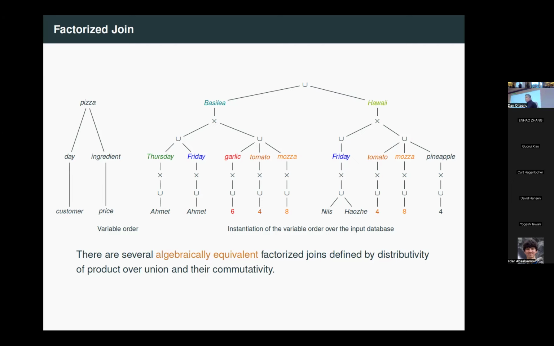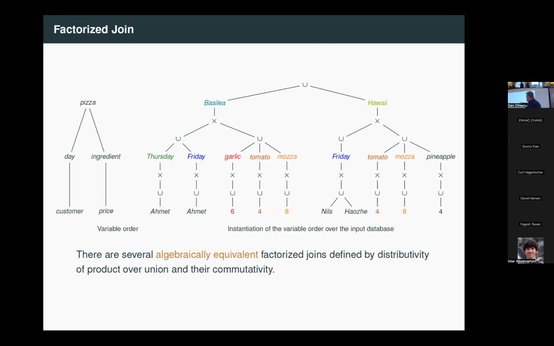And similarly, we'll see later that the price for an ingredient is the same regardless whether that ingredient is used in different pizzas. So this is basically the conditional independence that you can extract from the query, which is given by the actual joins you have in the query. The joins tell you join on pizza, so this means that if you fix pizza, whatever comes in a table is independent from what comes in another table, right?